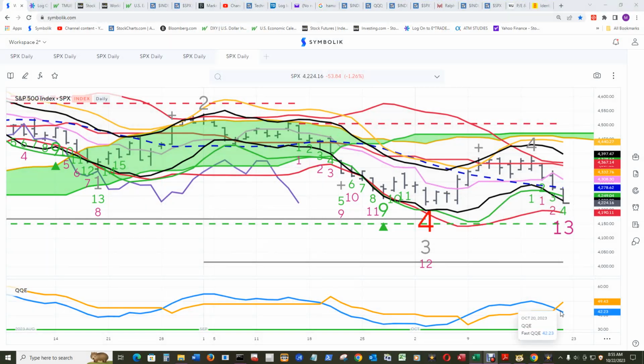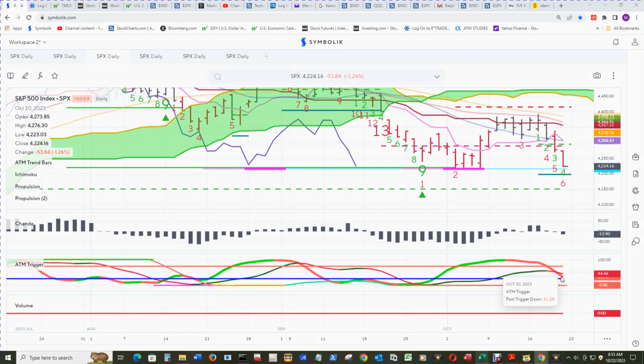And the QQE fast did cross under the QQE slow below 50 also, so the fast is headed back down towards oversold 30. Last time it didn't make it all the way to 30, so it could happen again, maybe hit it. And the ATM fast trigger down is almost to the oversold 25 line.